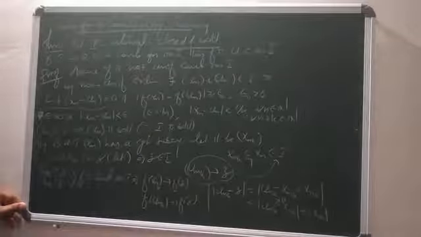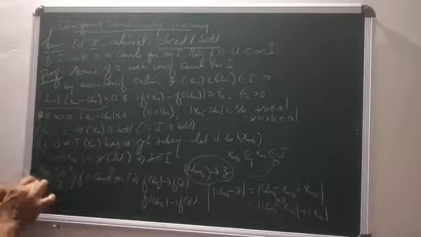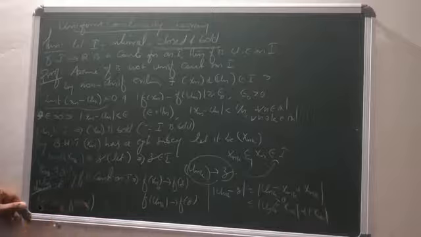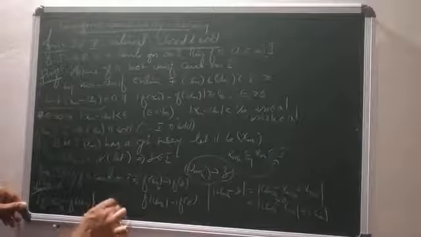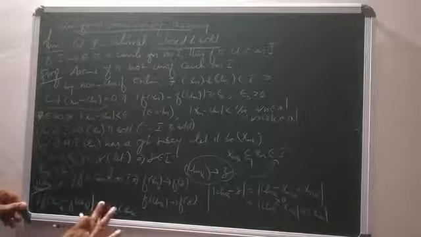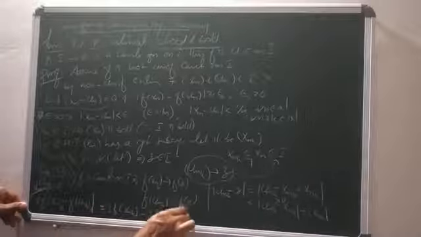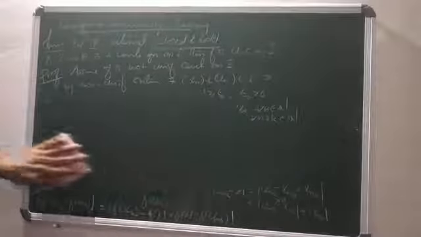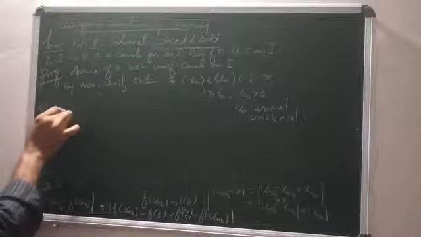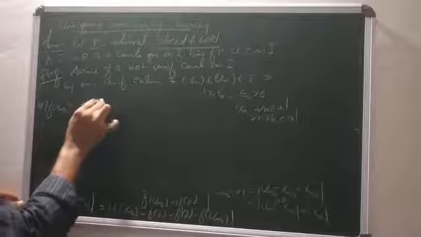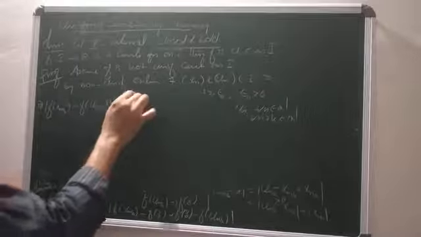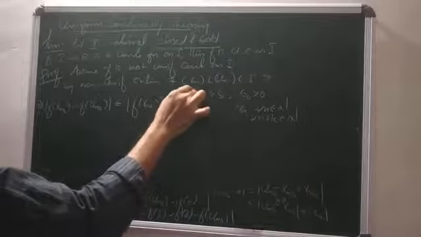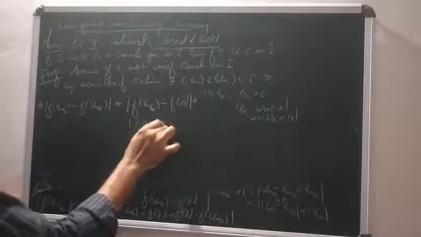Okay. Now consider modulus of f of x_nk minus f of u_nk. This equals modulus of f of x_nk minus f of z plus f of z minus f of u_nk. By the triangle inequality, it is less than or equal to modulus of f of x_nk minus f of z plus modulus of f of u_nk minus f of z.